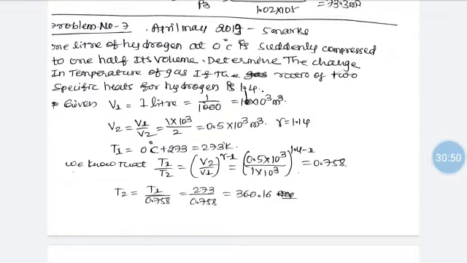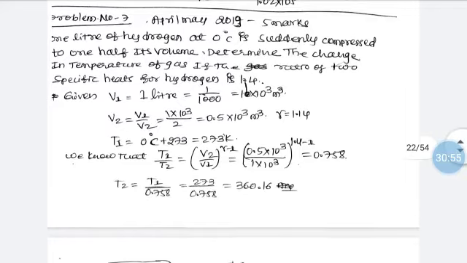Gamma, that is the ratio of specific heats, is 1.4. T1 is 0 degree Celsius plus 273, which is given. So by using the PVT relation for the process, T1 by T2 is equal to V2 by V1 raised to gamma minus 1.